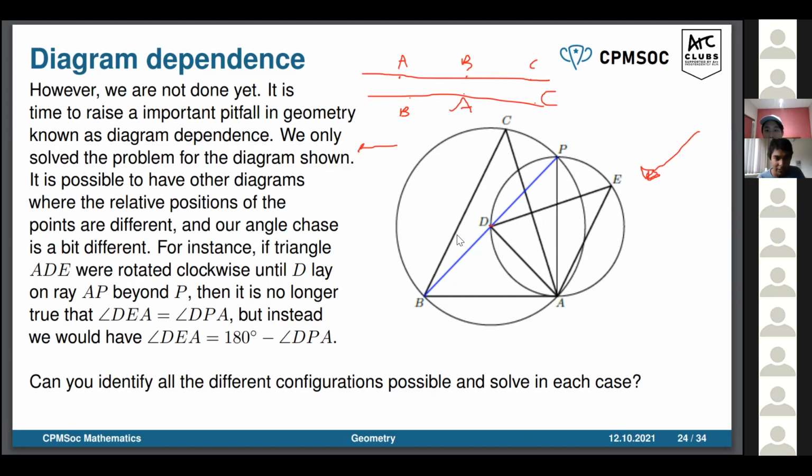So in this question, an example is if triangle ADE was rotated clockwise until D is beyond P. So an example is P could be here, and D could be here.